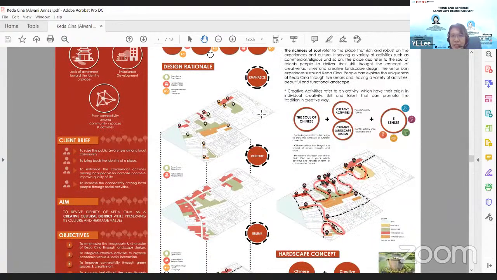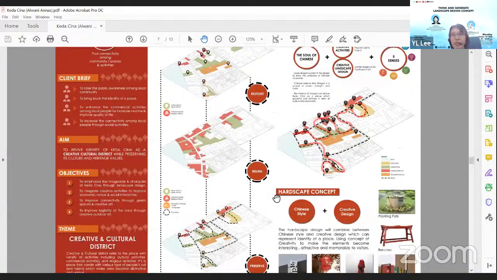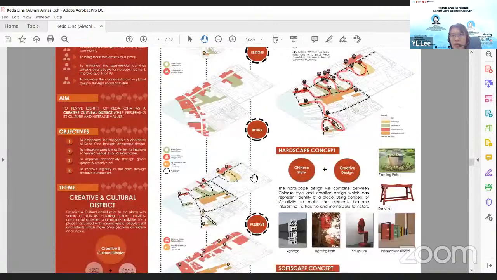You can see that this is an urban heritage project, so she adopted an approach of how to rejuvenate the identity of the place. So this is her design rationale. She tried to emphasize, restore, relink, and preserve the historical value in this site, in Kedai Lima.